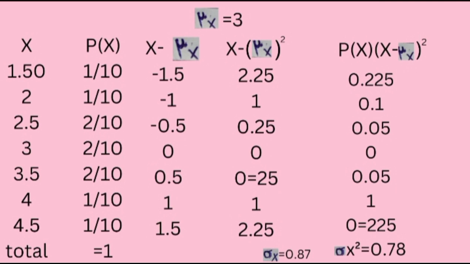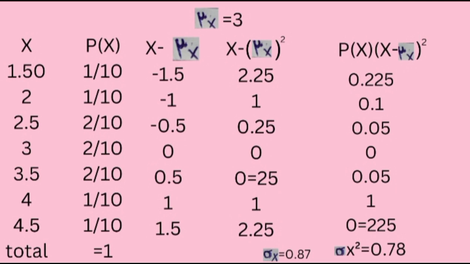Adding the results gives the variance of the sampling distribution of the sample mean, so adding this is equal to 0.75. So the variance of the sampling distribution of sample means is 0.75.